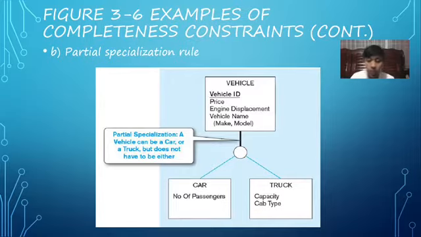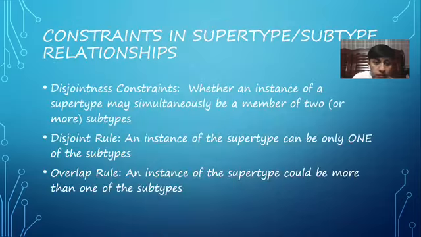The next one, disjointness constraint. Disjointness constraint is a constraint that addresses whether an instance of a supertype may simultaneously be a member of two or more subtypes.